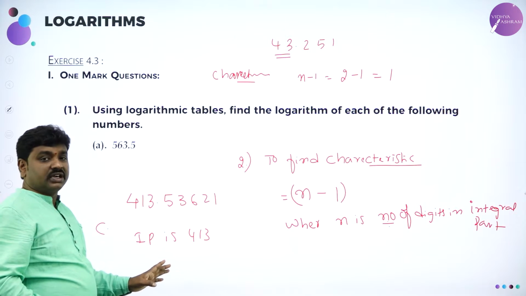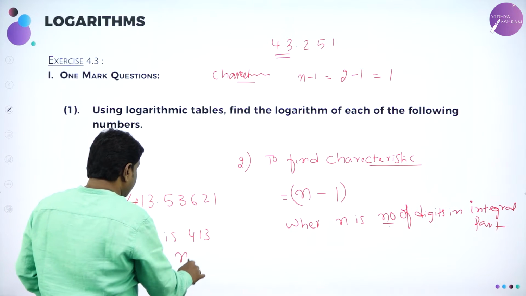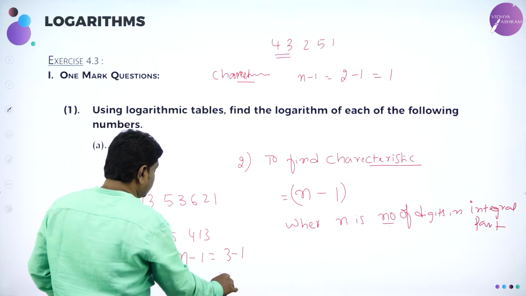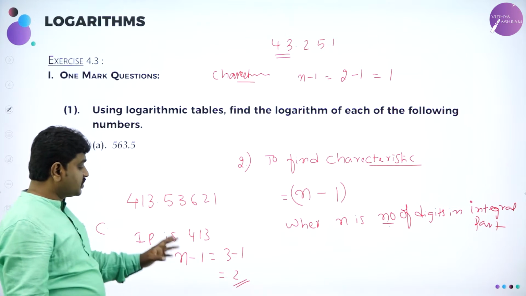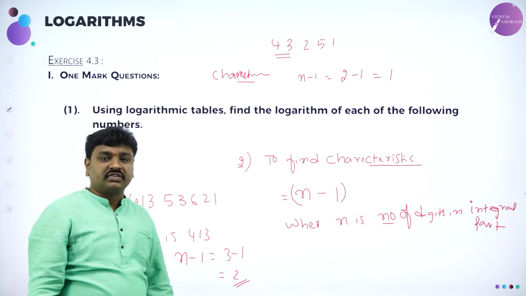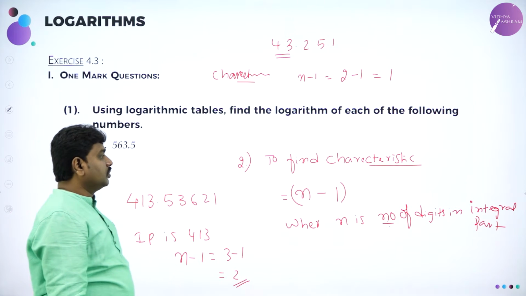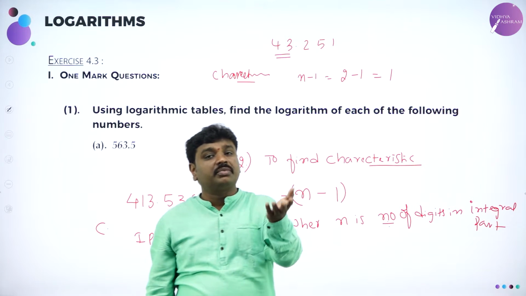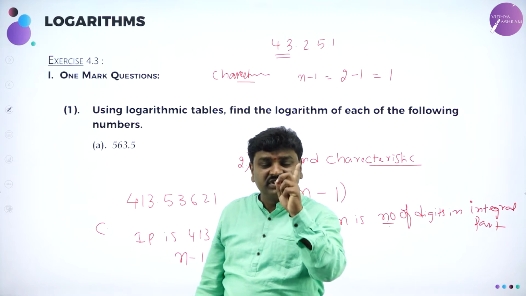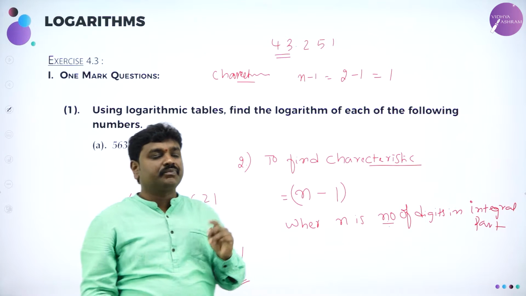So number of digits minus 1, 3 minus 1 is 2. Therefore, characteristic of this is 2. So how to find characteristic? Number of digits before decimal minus 1, or number of digits in integral part minus 1.